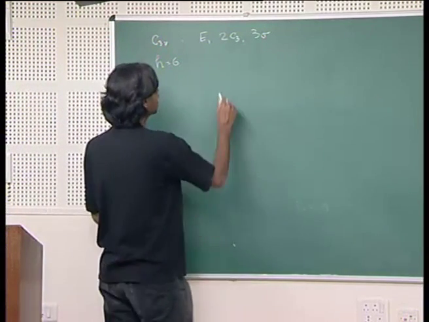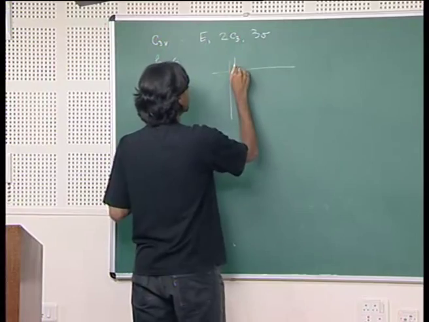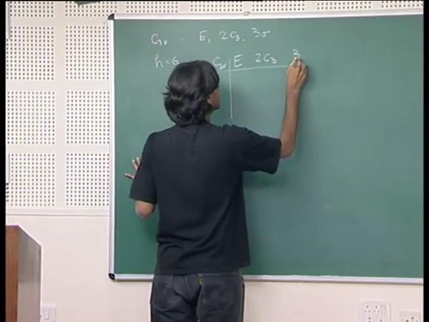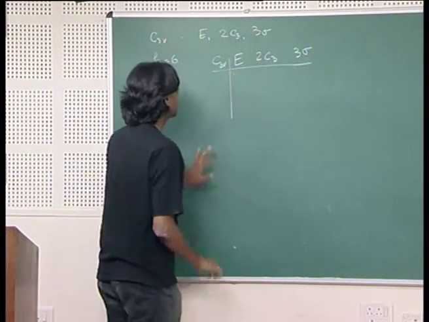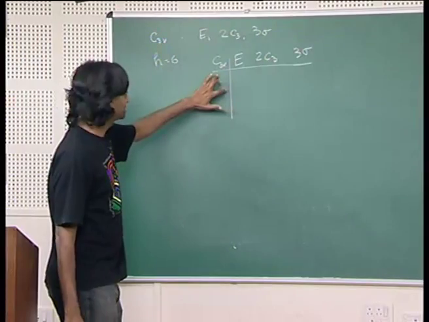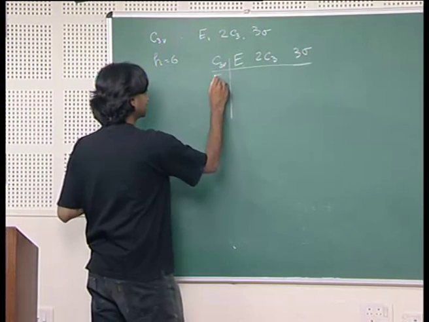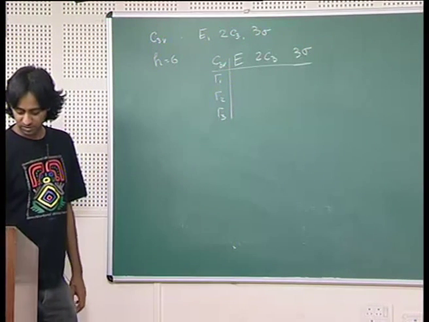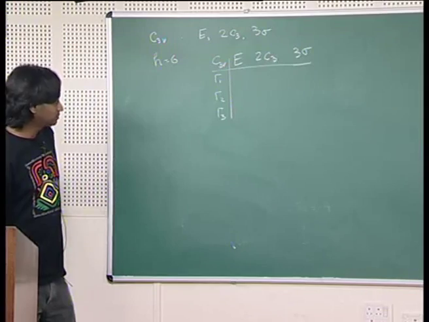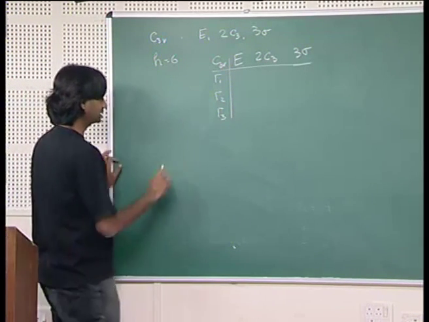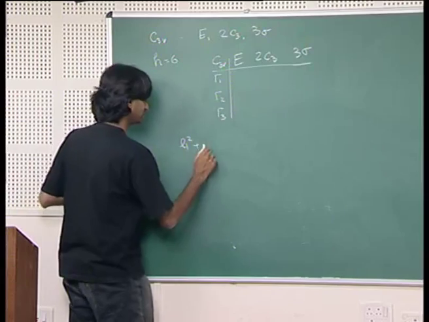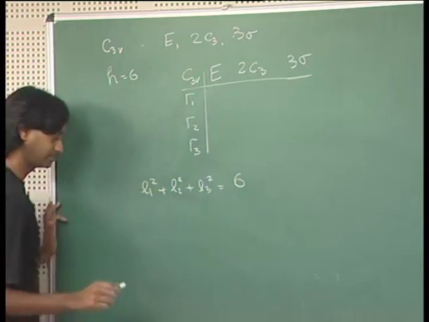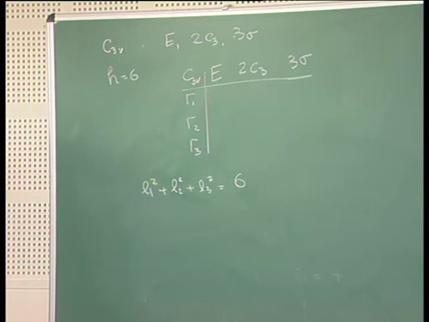So, the character table will look like this: E, 2 C3, 3 sigma. Now, the number of irreducible representations has to be 3. So, we can just say gamma 1, gamma 2, gamma 3. Now, you can say that l1 squared plus l2 squared plus l3 squared equal to 6. So, this is a condition that has to be satisfied.